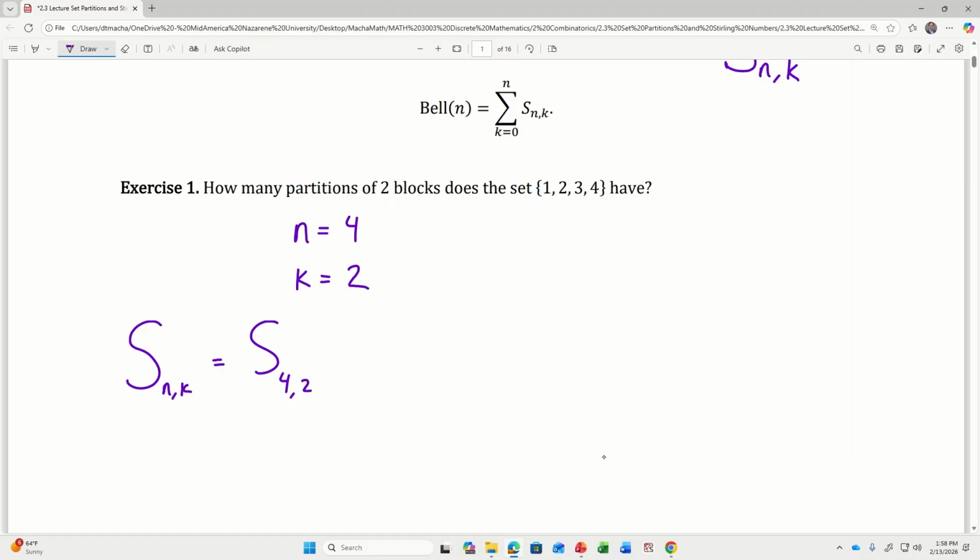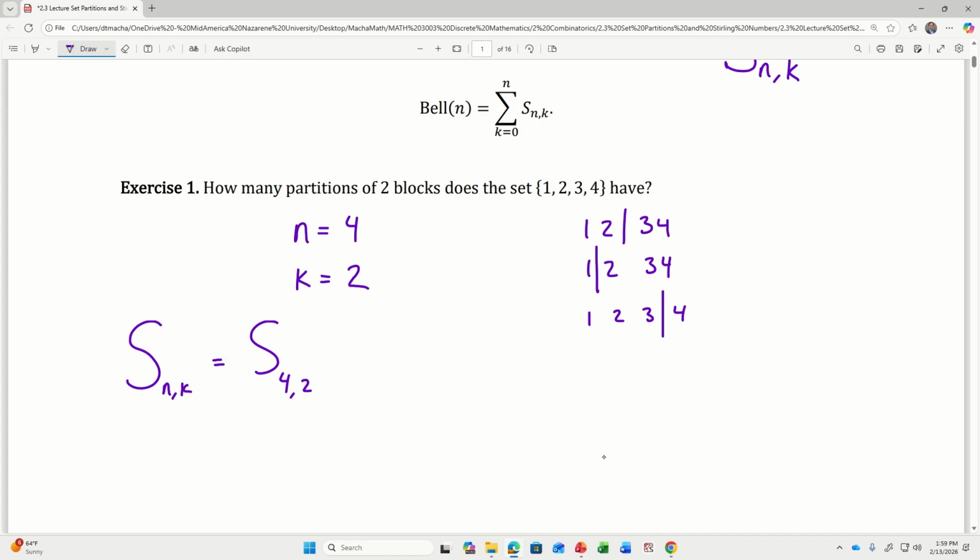But practically, if I was going to count these, I could have 1, 2, 3, 4 with a partition like that. Or I could have 1, 2, 3, 4 with a partition here. Or I could have 1, 2, 3, 4 with a partition here. Right? That's 2 different blocks here and here.